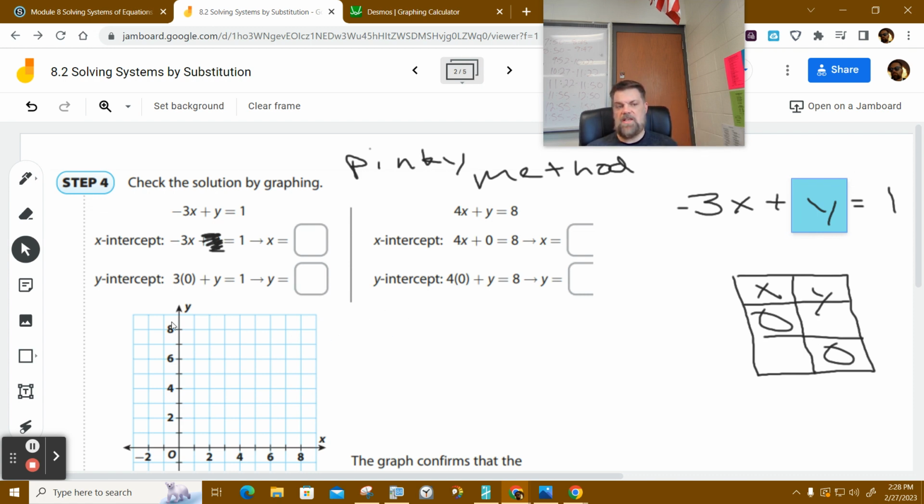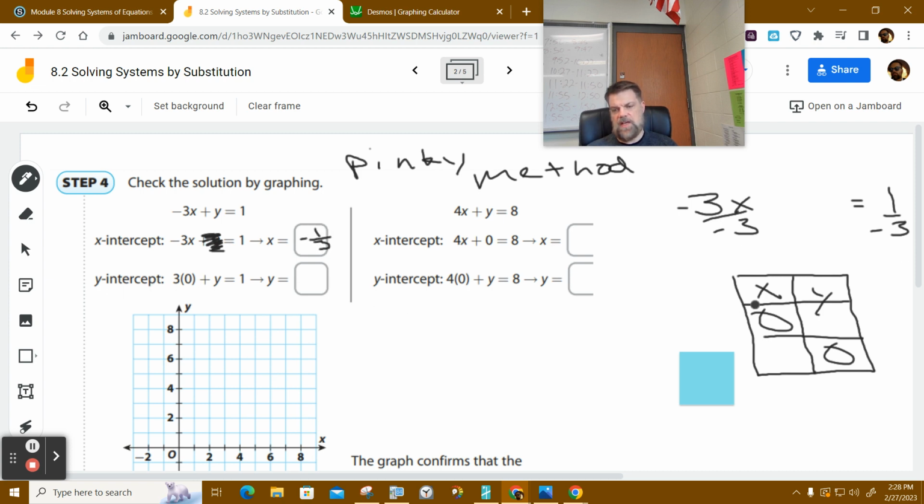Well, you would take this term, and this goes to 0, right? So if I make this equal 0, you get this for an equation. What does x equal? Well, you would divide both sides by -3, right? And so this becomes 1 over -3. So when y equals 0, x is -1 over 3.